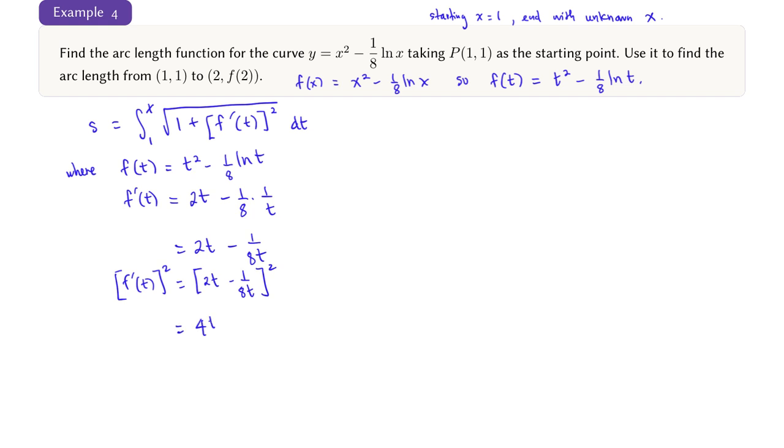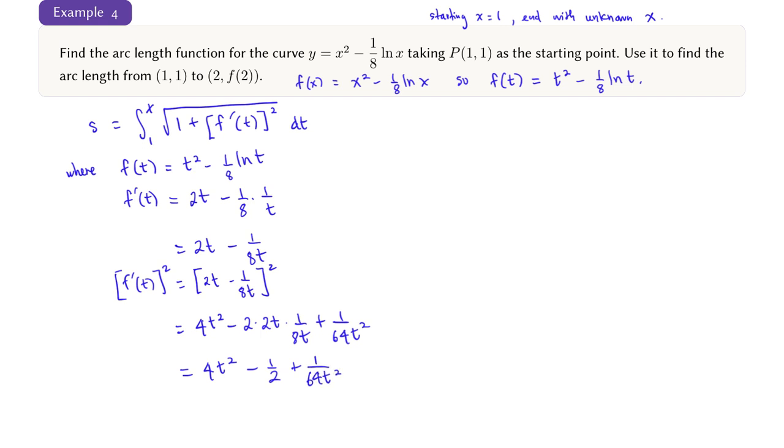Multiplying this out, we have 4t squared minus 2 times 2t times 1 over 8t plus 1 over 8t, the quantity squared, which is 1 over 64t squared. This is 4t squared minus 1 over 2 plus 1 over 64t squared.